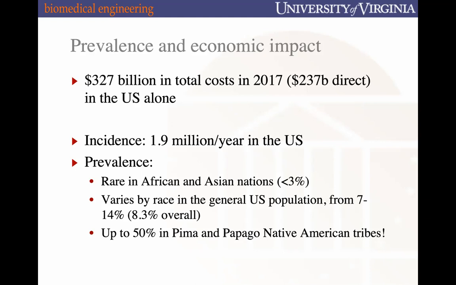This can also vary by race in the US, but it's typically on average about 8% for each race. And what's interesting is that there's a genetic predisposition among some populations, where some have up to a 50% incidence rate, including the Pima and Papago Native American tribes. Are there any questions so far?